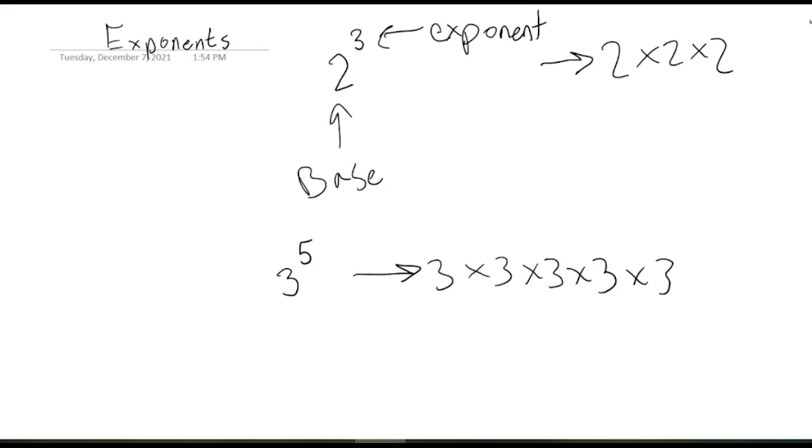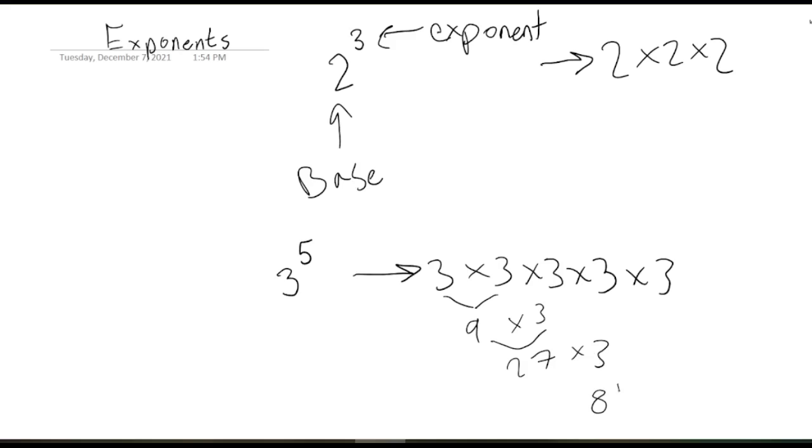So let's solve what is 3 to the 5th. In order for us to solve it, we actually have to multiply and find out 3 times 3 times 3 times 3 times 3. So 3 times 3 equals 9. Times that by 3 gives us 27. Multiply that by 3 gives us 81.